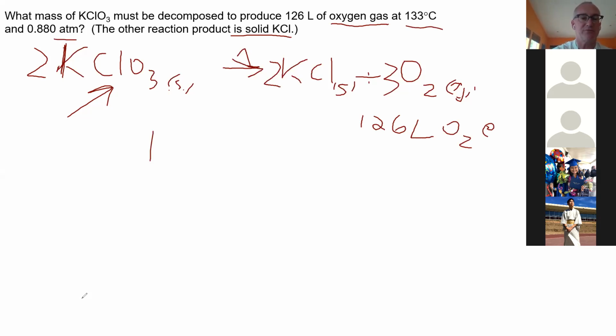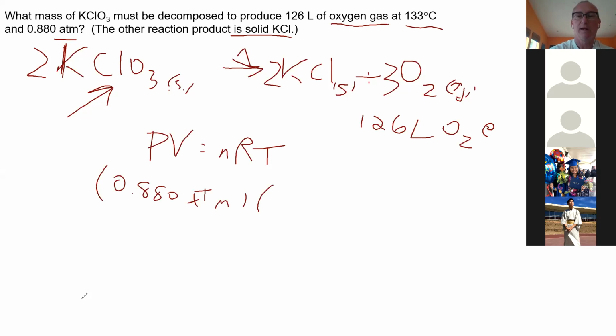So basically that's a straight up PV = nRT question. So we just plug in our atmospheres: 0.880 atmospheres times volume, 126 liters, equals n, which is moles. That's what we need to figure out, right? We don't know what moles are.